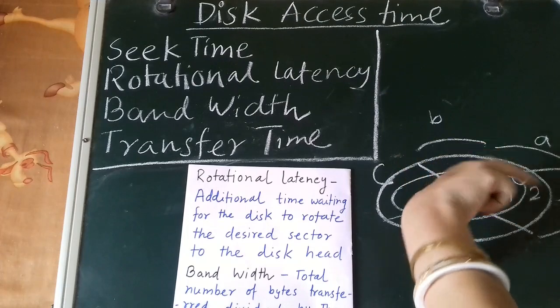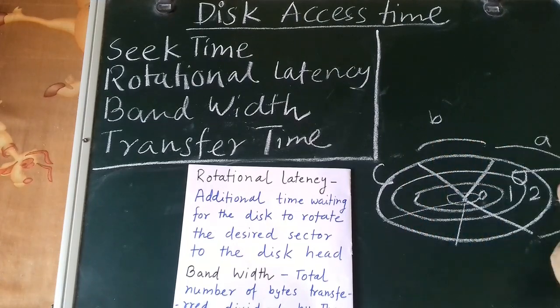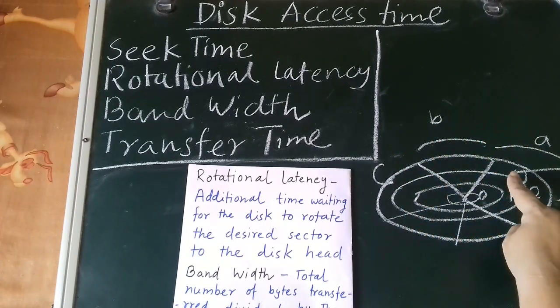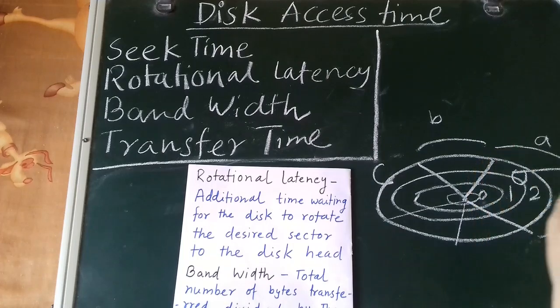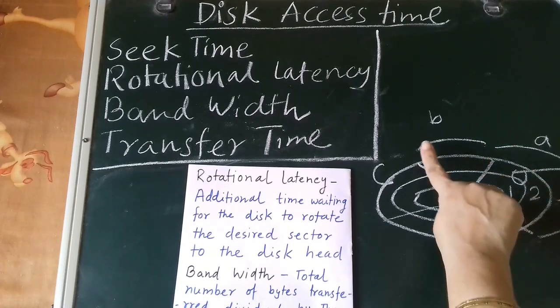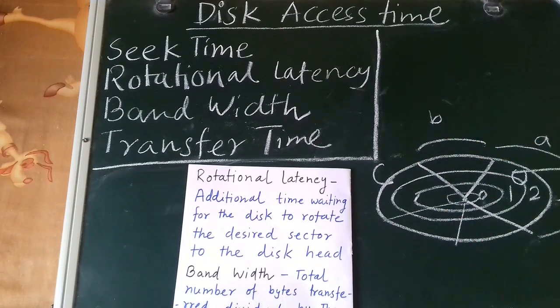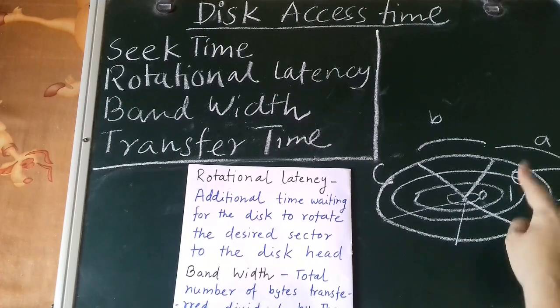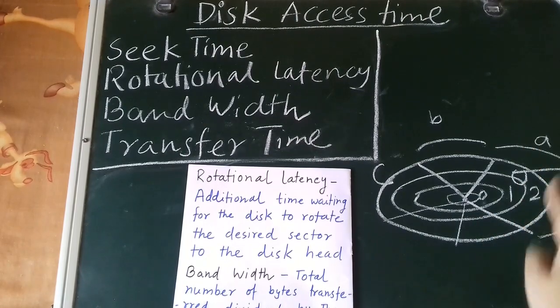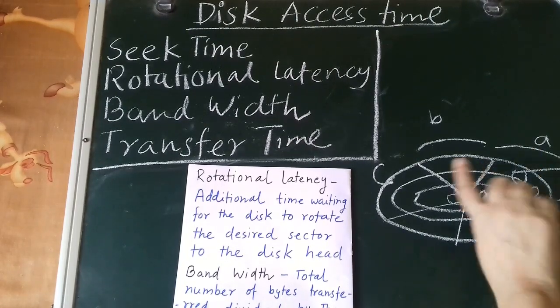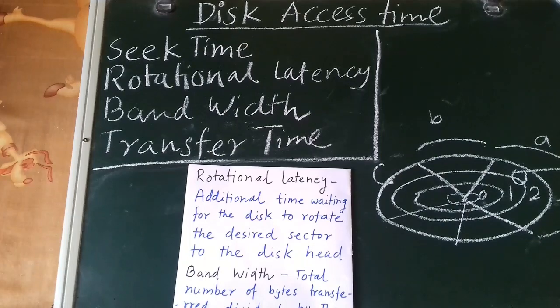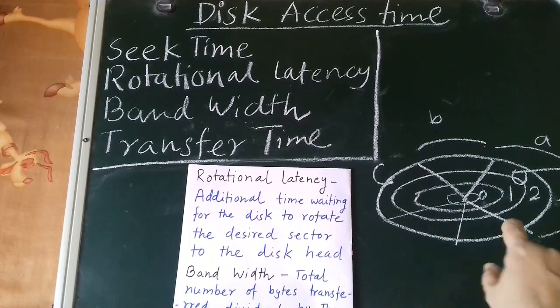Now the disk will rotate and B will come in front of the disk head. So the time when A's reading or writing is done and B's reading or writing has not started, because B is not in front of the read-write head or that arm, the disk does no work other than rotation.